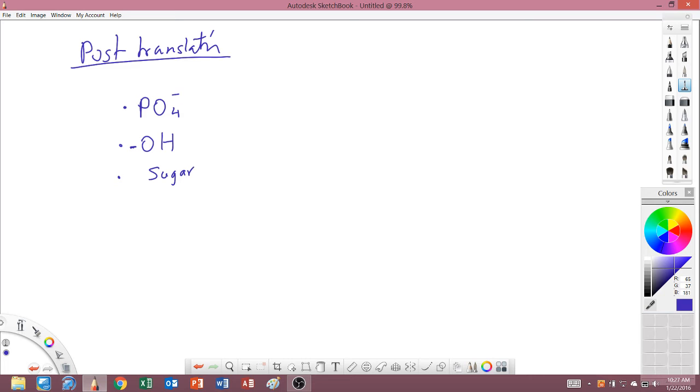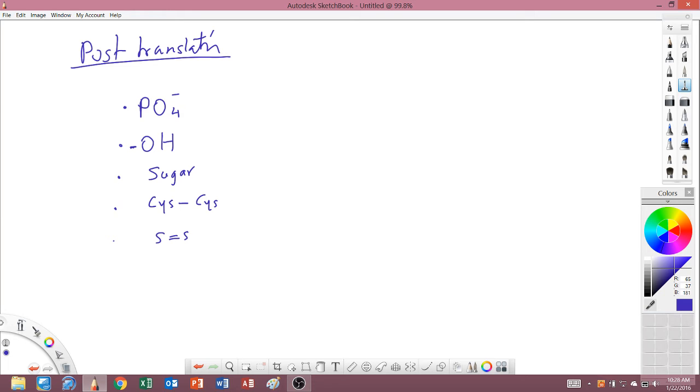That's known as glycosylation. You can add disulfide bonds. You can do many things. At the end of the day, once you make a protein, you can modify it further.